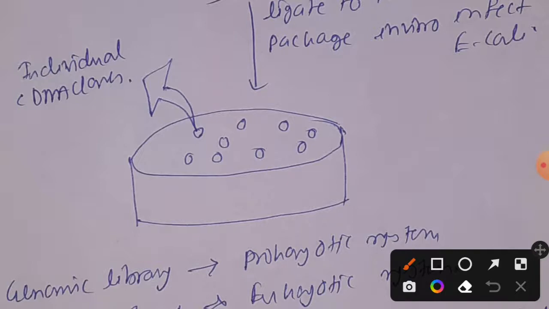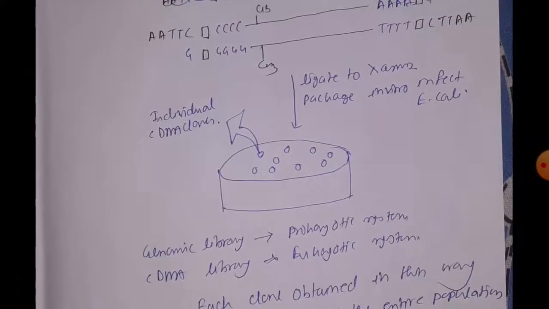Each of the clones will be known as a cDNA clone, and the entire set of those cDNA clones are collectively known as the cDNA library. So that is the concept of the cDNA library.